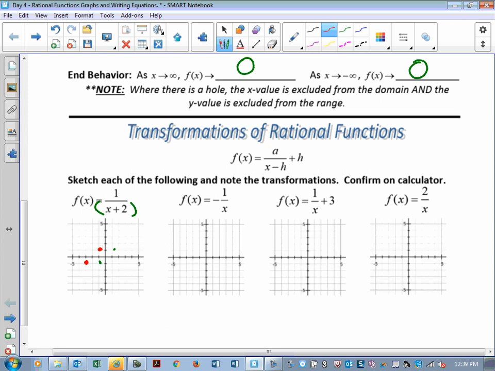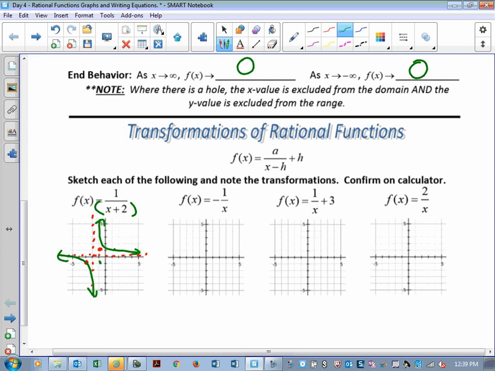Instead of being the y-axis, if I shift left, there's my asymptote at -2. My horizontal asymptote doesn't change. And now I have my graph that looks like that. Sometimes it's hard to be accurate up here. Hopefully yours looks better than mine does.